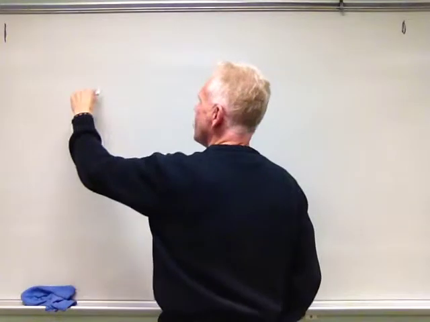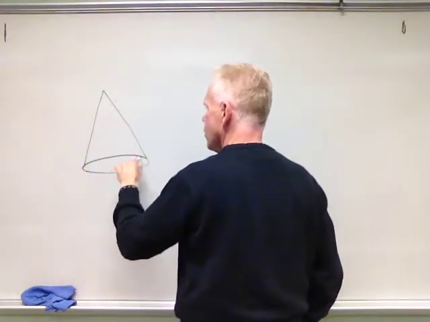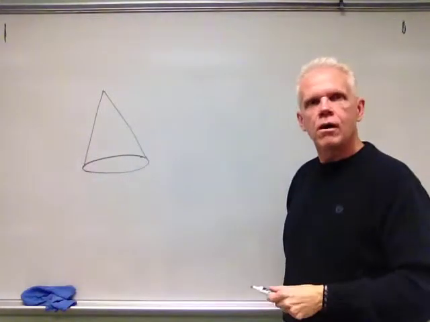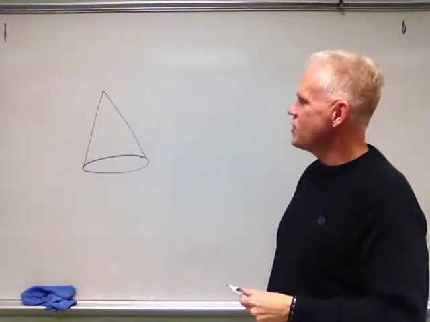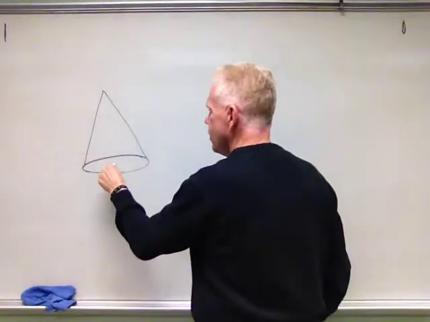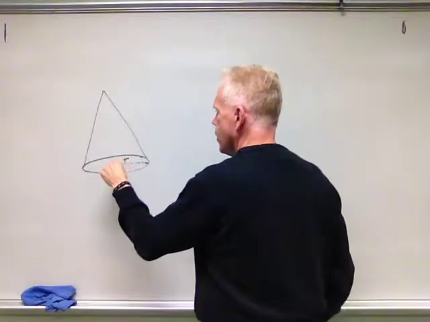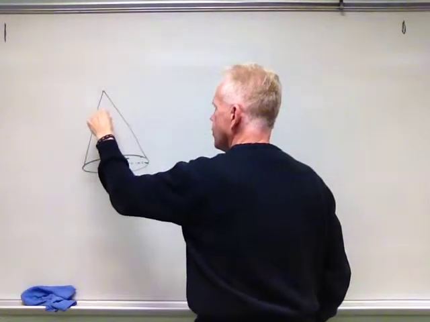So this time we're going to draw ourselves a cone. A cone looks like an upside-down ice cream cone or a cone head. A cone has a circle at its base right here, and it'll have a radius. A cone will also have a height. It's a lot like a cylinder.